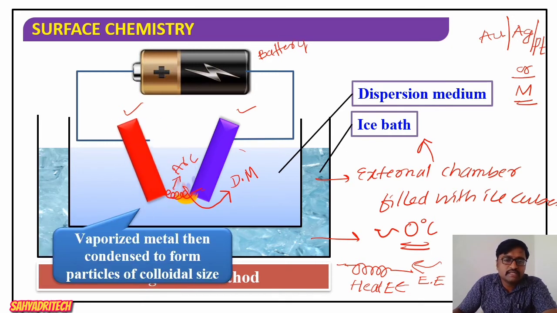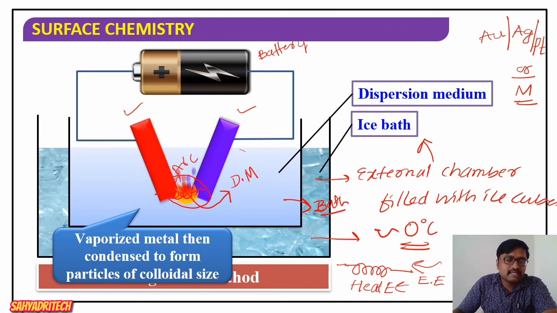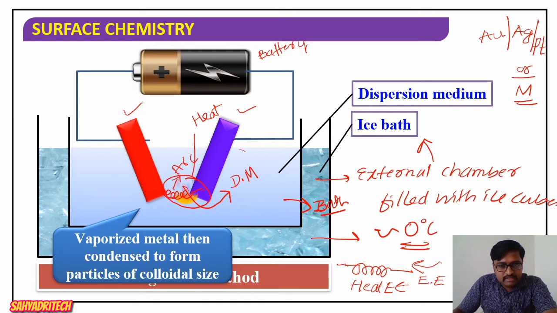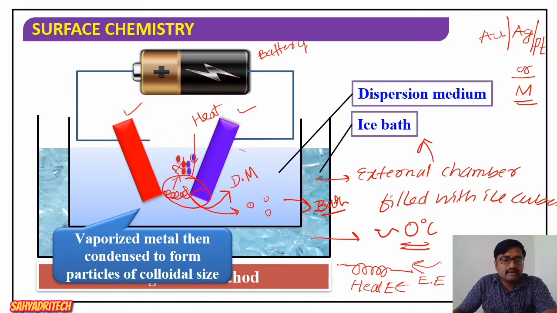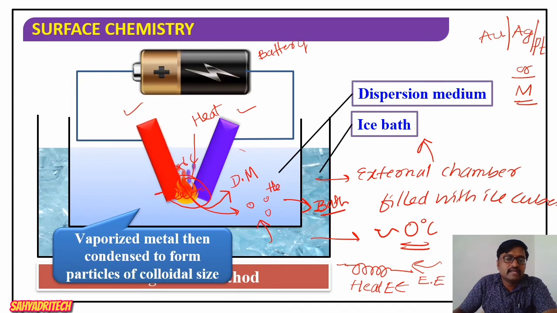Since the dispersion medium is surrounded by ice bath, at the region of the arc there is very high heat, but as the vapors move away from the arc region, the temperature of the system is very, very low.